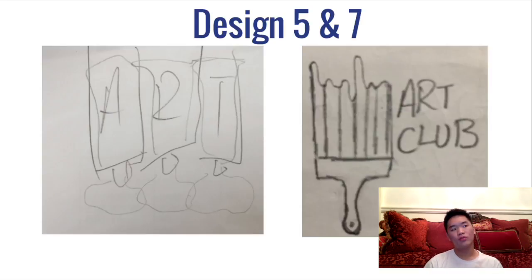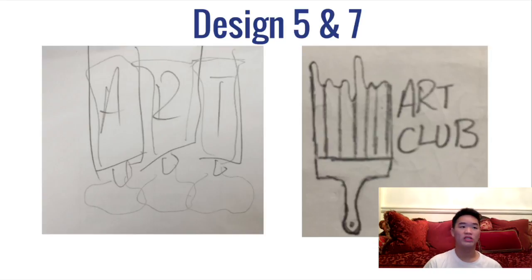Once I was done with my 7 different sketches, I went back to Mr. C, my client, to make a decision on what the final look should be. Ultimately, he picked these 2 logos.